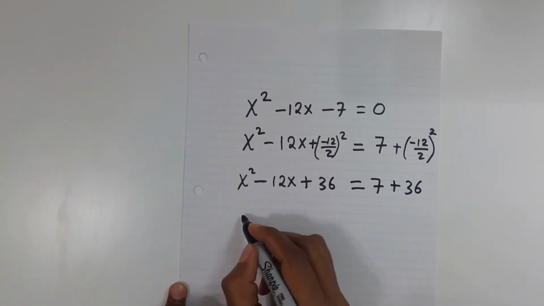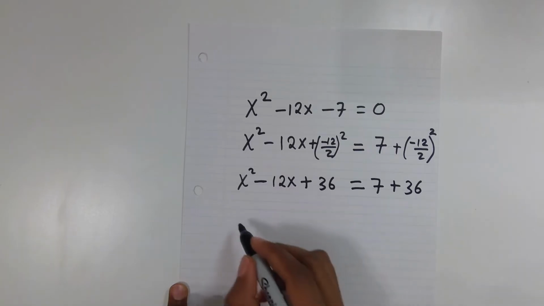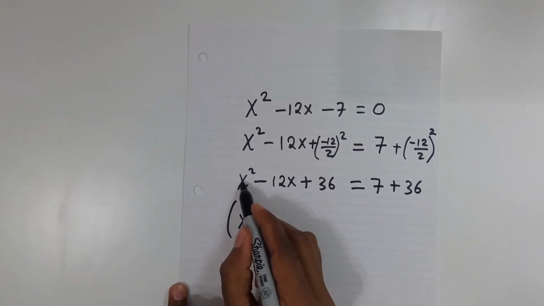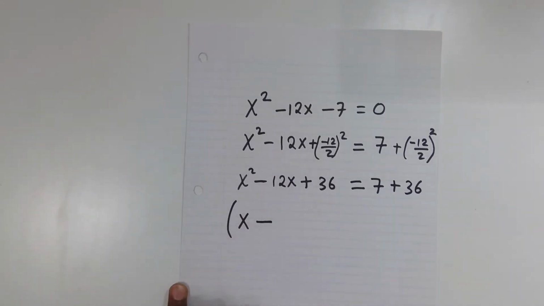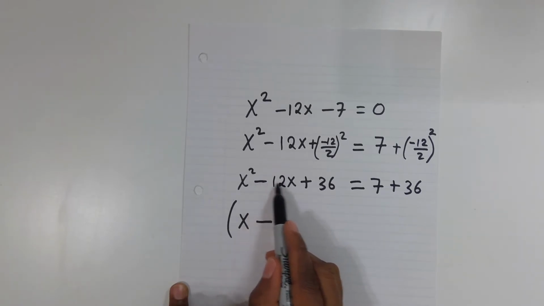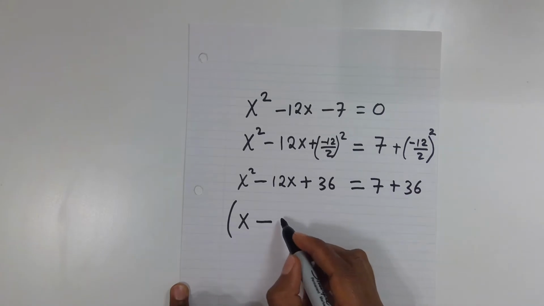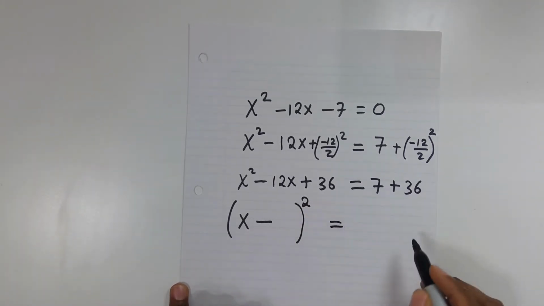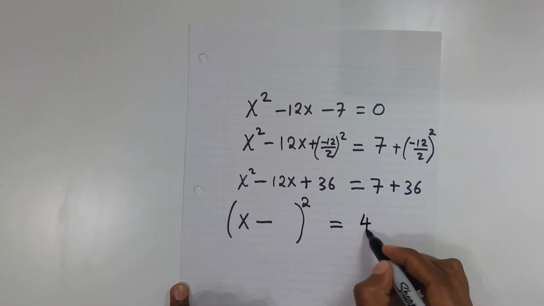Next step is you write it as a perfect square. x, which is this term, minus, always the sign of the x term, what you put in here, squared, is equal to the sum of these two, which is 43.